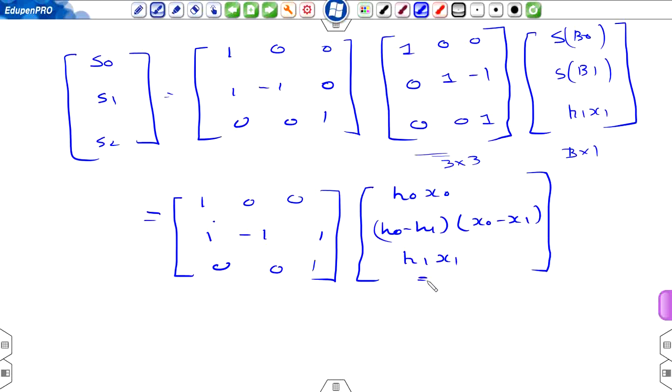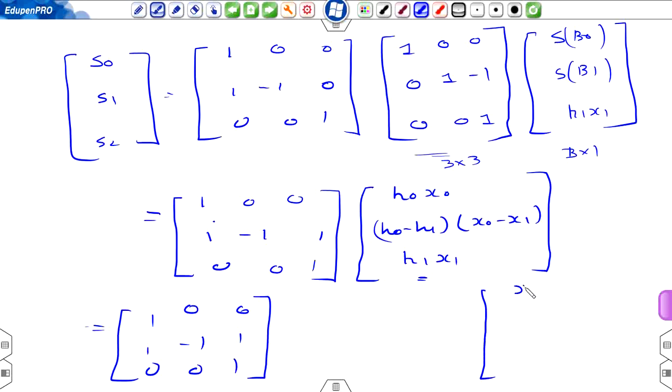And further we can decompose this matrix. Okay, so we have 1 1 0, 0 minus 1 0, 0 1 1 as it is, and I will separate terms of x into one matrix, that is x0, x0 minus x1 and x1, and the terms of h into another matrix.